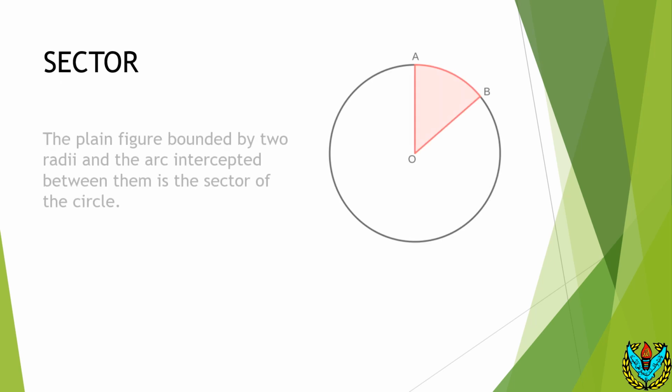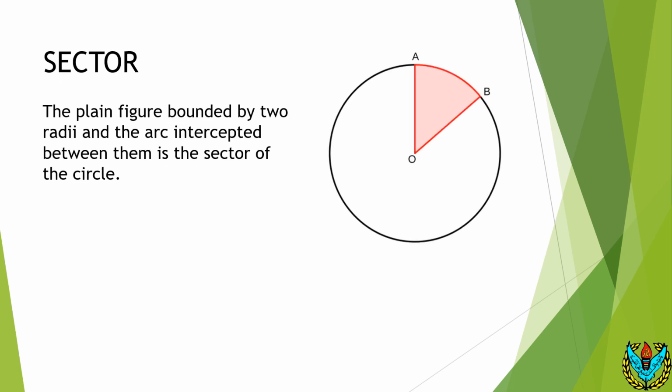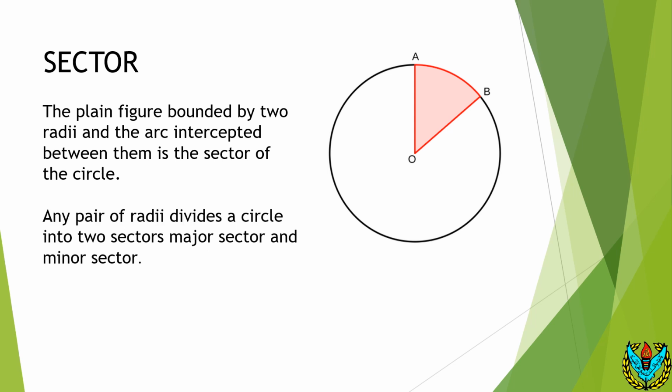Sector. A sector of a circle is a plane figure bounded by two radii and the arc intercepted. Any pair of radii divides a circle into two sectors, major sector and minor sector. Here in this figure, the unshaded portion is the major sector and AOB, the shaded portion, is the minor sector.